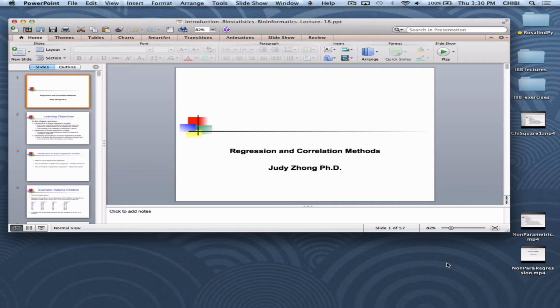Remember, ANOVA assumes normal distribution of each population, and also assumes equal variance of each population. And then it is a decomposition of the total random variance, of the total sum of squares. So this is when you test the difference of mean.